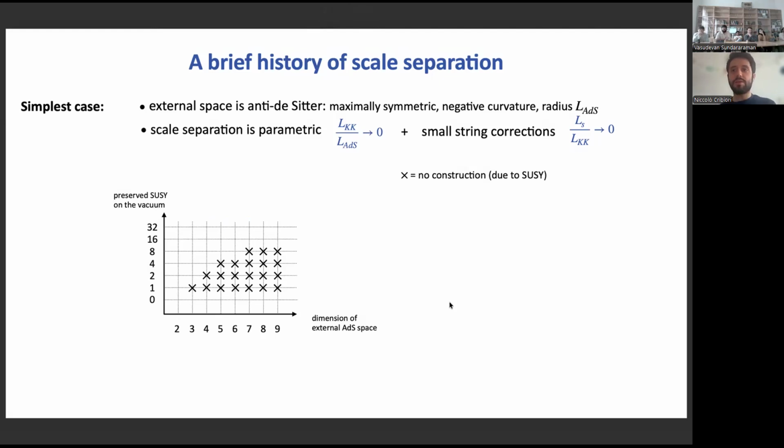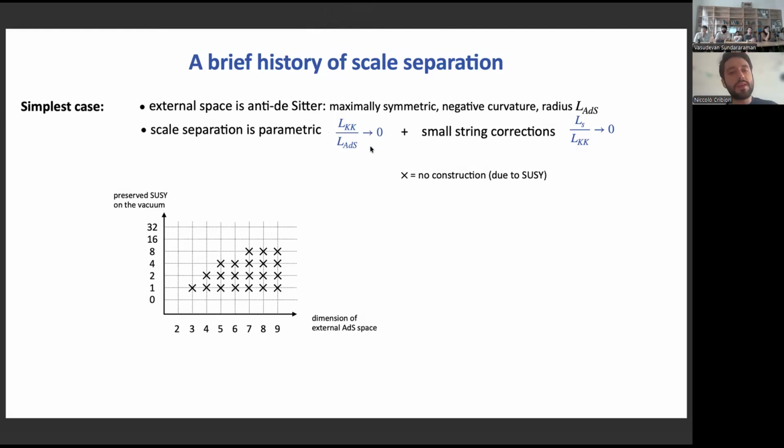So we are not trying to solve both kinds of hierarchy problem, the ones I was mentioning at the beginning. We are not trying to implement scale separation on a background with positive energy density, because we would need also to break supersymmetry in the meantime, which is yet another big open problem. So we are trying to understand scale separation in unrealistic setups, which are anti-de Sitter spaces. And they come with a length scale, which I will call L_AdS.